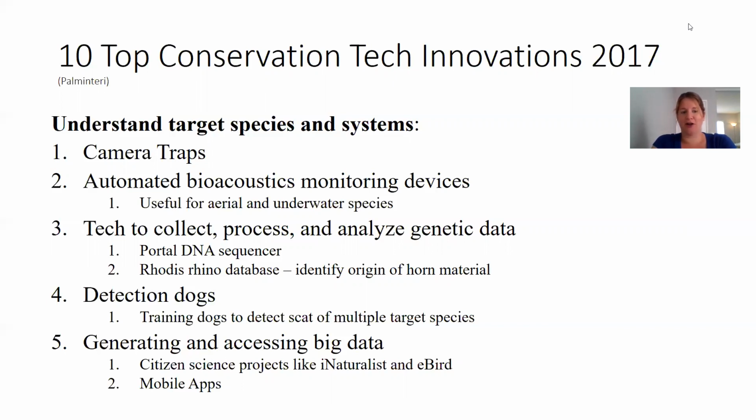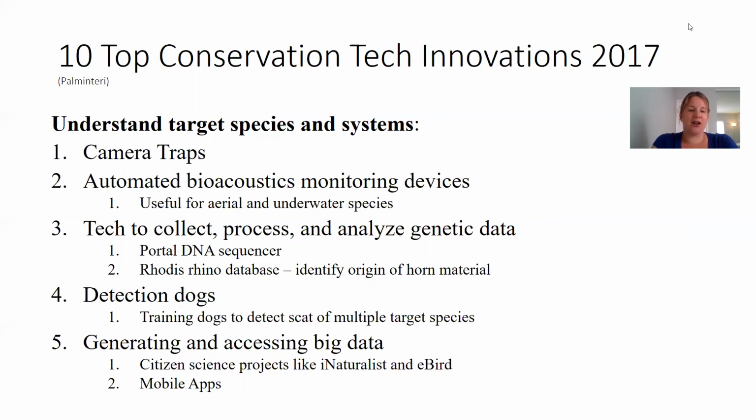So it's a way for them to monitor deforestation. I think this was in Papua New Guinea. There are a lot of examples of that. This technology is coming a long way as well with the increased technology of cell phones, battery life, things like that. So camera traps and bioacoustic monitoring are fairly similar. One just takes pictures and one takes sound.